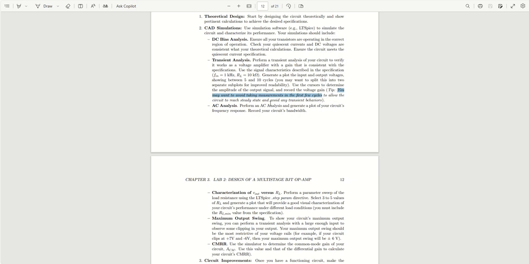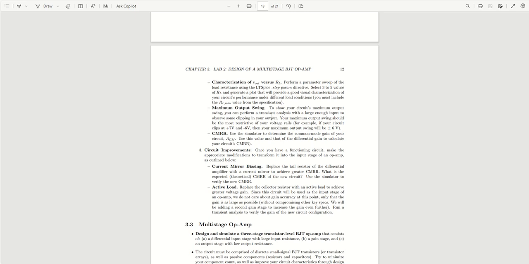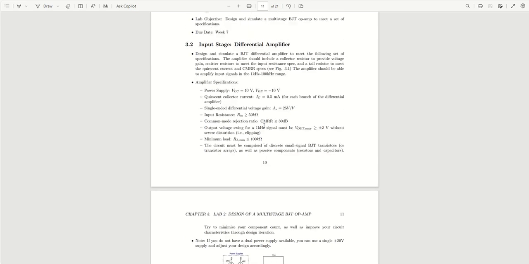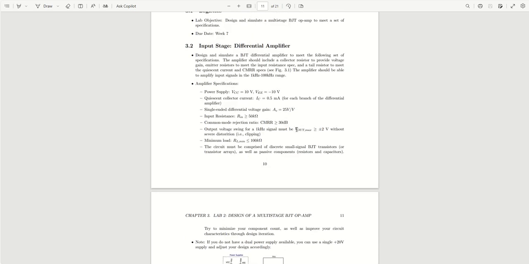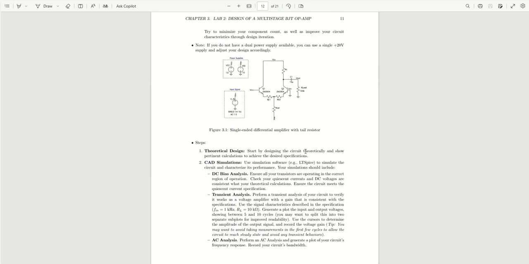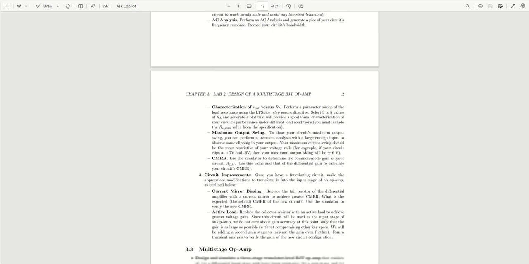I go over that in Lab 1, so you might have to refer to Lab 1 for some of these CAD simulations. And the maximum output swing, that's just simply increasing the input to see clipping on the output. And to go to the specifications, the V out max should be greater than or equal to plus or minus 2 volts. So I go over that in Lab 1.